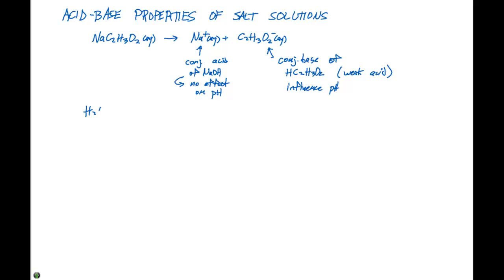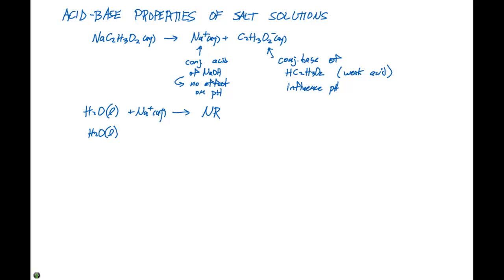If we take water and we place Na plus ions in that solution, just like we saw in the last video, we're going to get no reaction. We don't have any species that are either H plus or OH minus, so it's not going to contribute to the pH.